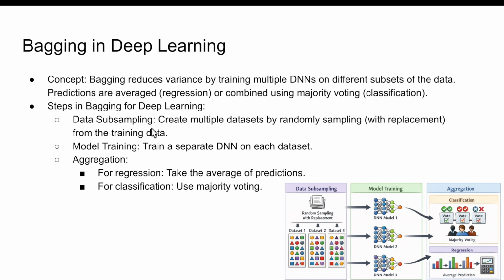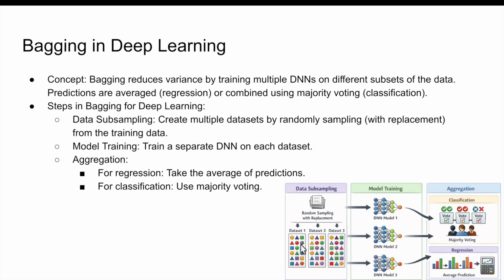Bagging can help in reducing the variance. The steps are: we divide the data set. This is the entire data set, and we divide it into different samples, by replacement. Sampling by replacement means that data that has occurred in one sample can also occur in another and also in dataset 3.